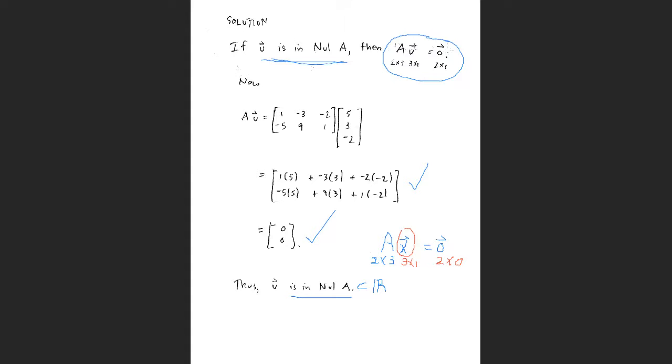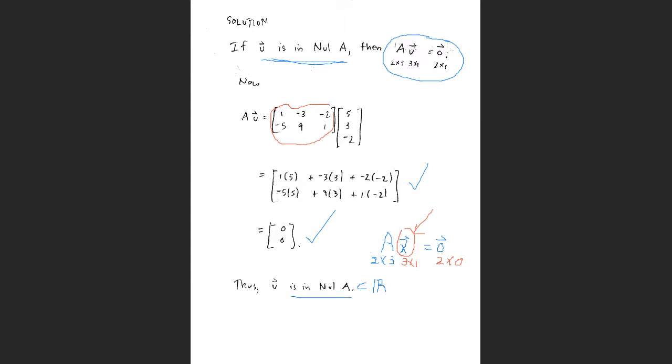The matrix A is a 2 by 3, right? Matrix A, 2 rows, 3 columns. So the vector X, because it's a vector. Good question.